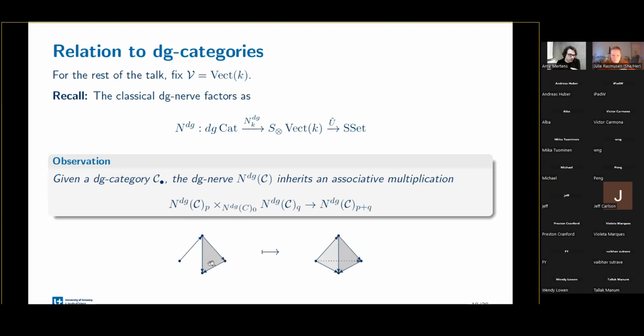We know how to call this now. These are necklaces. So this associative multiplication allows us to fill in necklaces. And this can always be done. You can always equip the nerve of a DG category with such a structure. The reason why this works is very basic. You just fill in all of the empty space with zeros, and this turns out to work. So it's a very stupid observation, but it's nonetheless true.